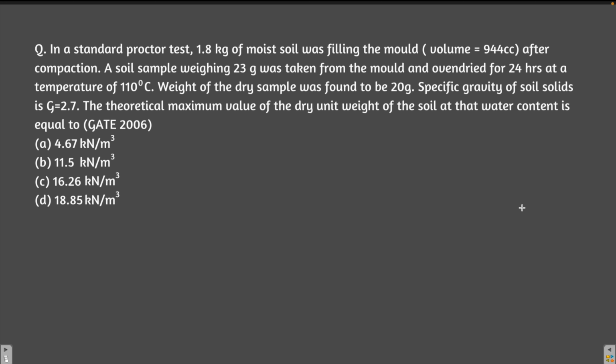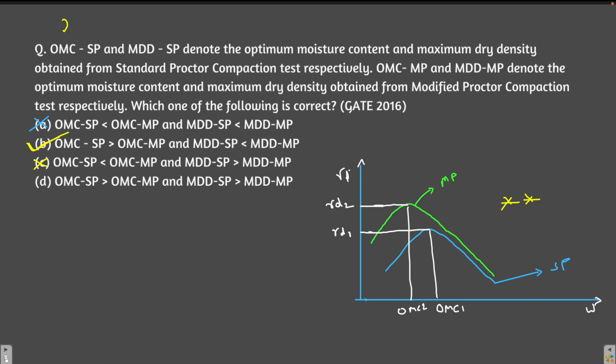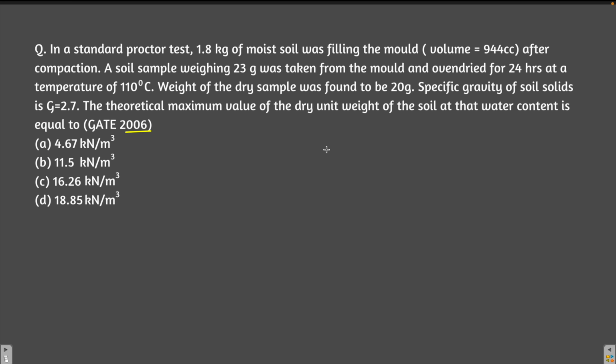So this was a numerical problem asked in GATE 2006 for 2 marks. And mind you, this question was also for 2 marks, asked in the year 2016. So let's move on to the last question of the day. In the standard Proctor test, 1.8 kg of the moist soil was filled in a mold of 944 cc.